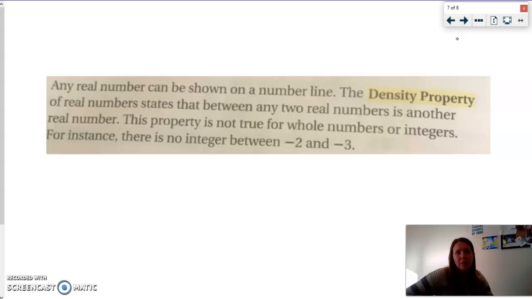The density property of real numbers states that between any two real numbers is another real number. This property is not true for whole numbers or integers. For instance, there is no integer between -2 and -3. So it means that you can't have another whole value in between those. There can be another real number with a decimal form, but it's not going to be another whole value all of a sudden.